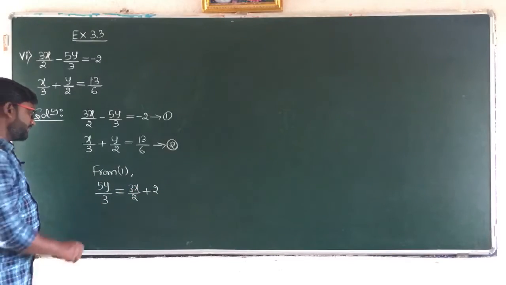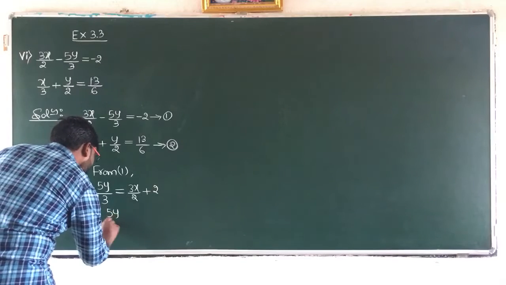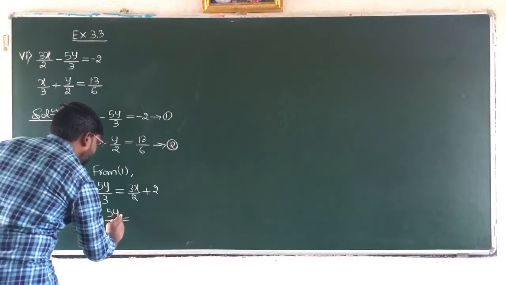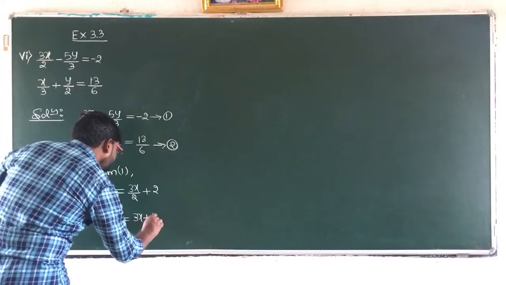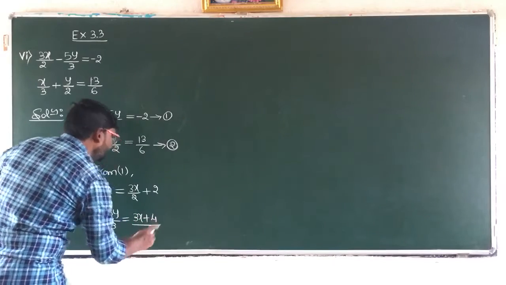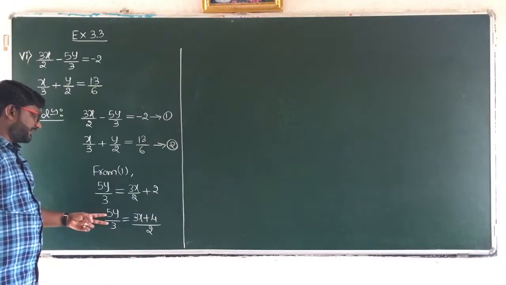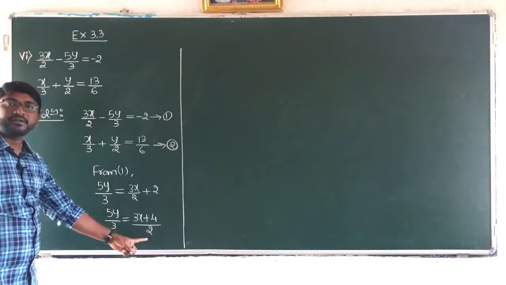So now see here, 5y by 3 equals, 2 will be multiplied with 2 now if you take up the LCM. So (3x plus 4) divided by 2. So now see here, 5 by 3 take it to the RHS, 3 goes to the numerator and 5 goes to the denominator.